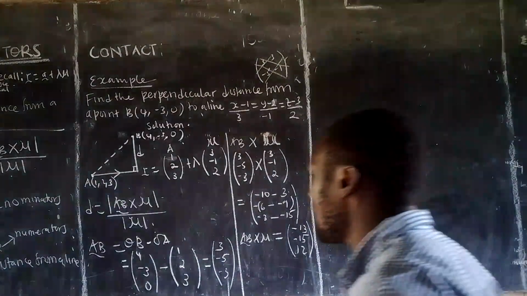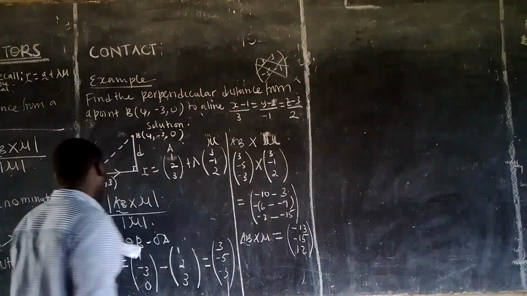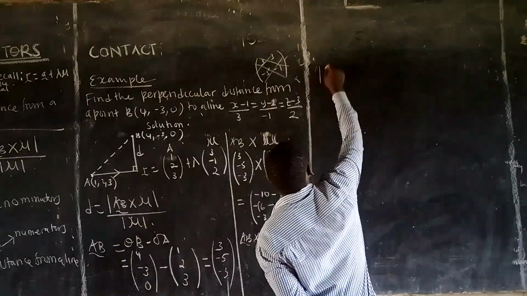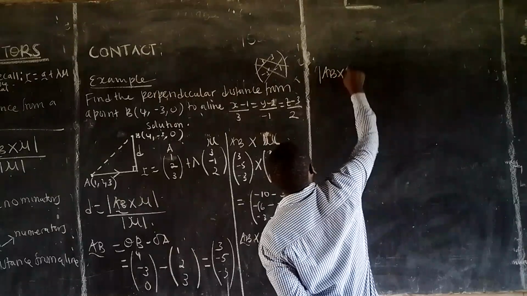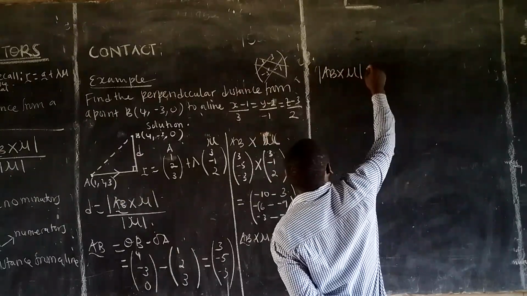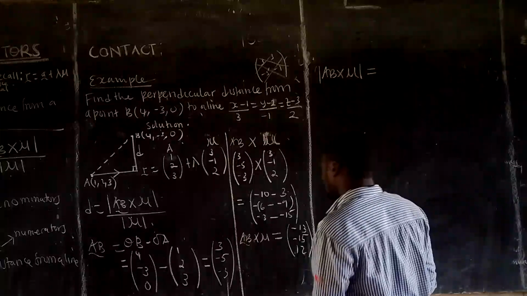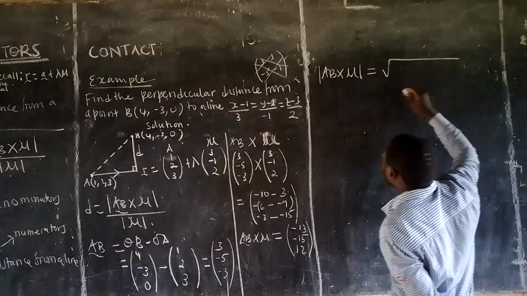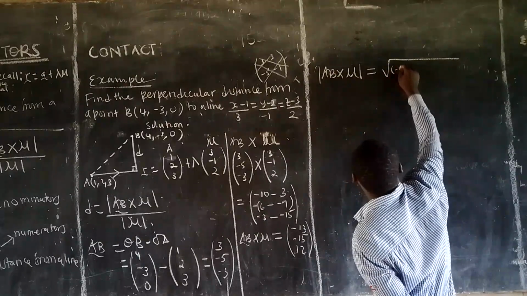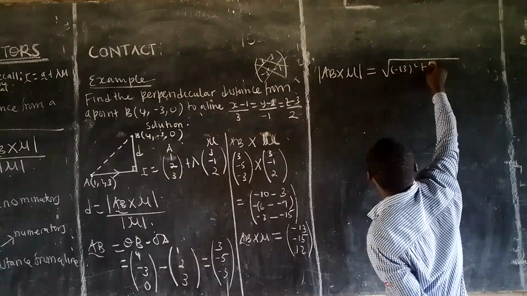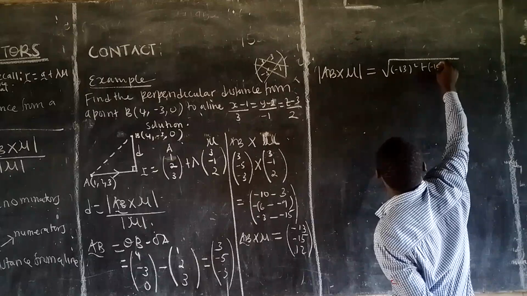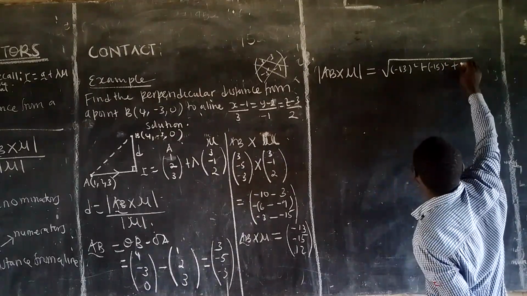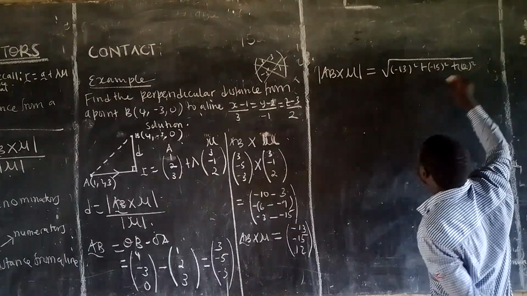Let us proceed. But remember, as per the formula, we need the magnitude of this. So therefore, we shall now say that the magnitude of AB cross mu is just equal to the square root of negative 13 squared plus negative 15 squared plus 12 squared.